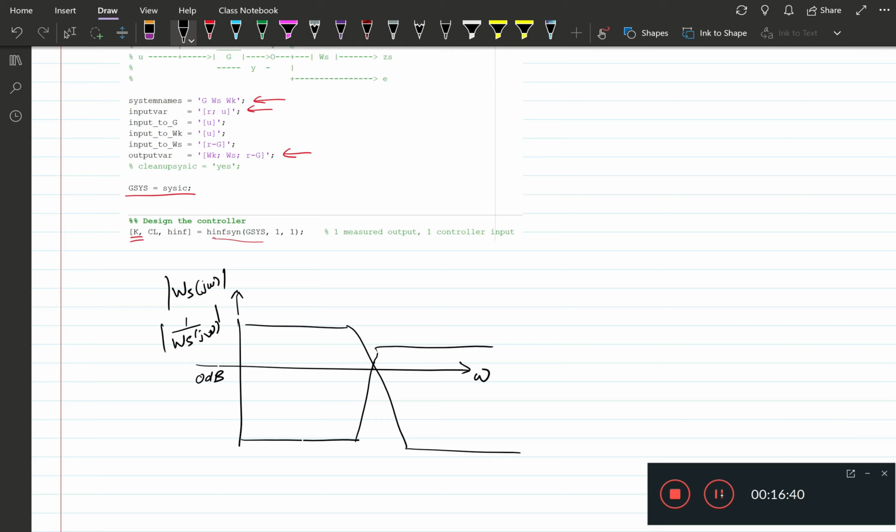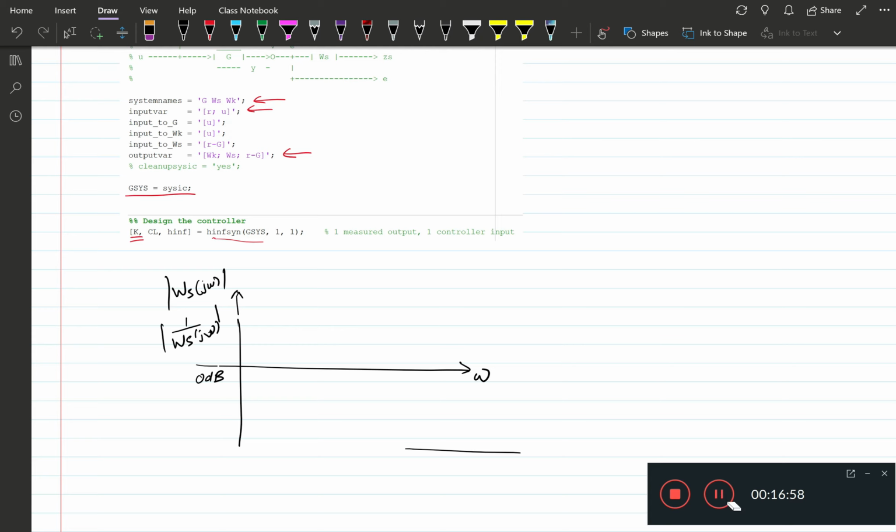And the way to think about these shaping filters is to sort of put a weight on the different frequency ranges of the sensitivity plot.